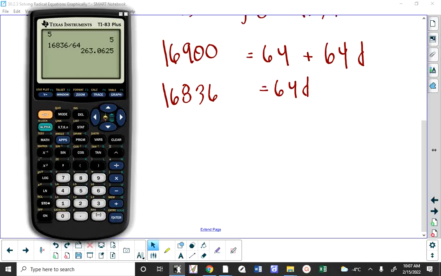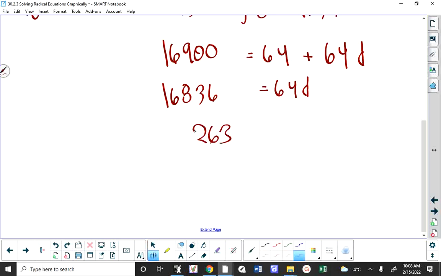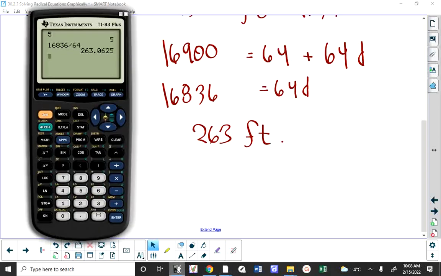Oh, that's feet. I thought that was meters. It's going 263 meters. That's like 2.5 football fields long, but it's feet. 263 feet, approximately. Whether you round up or down depends on what the question says. To the nearest meter would be 263 feet. To the nearest foot would be 263 feet.